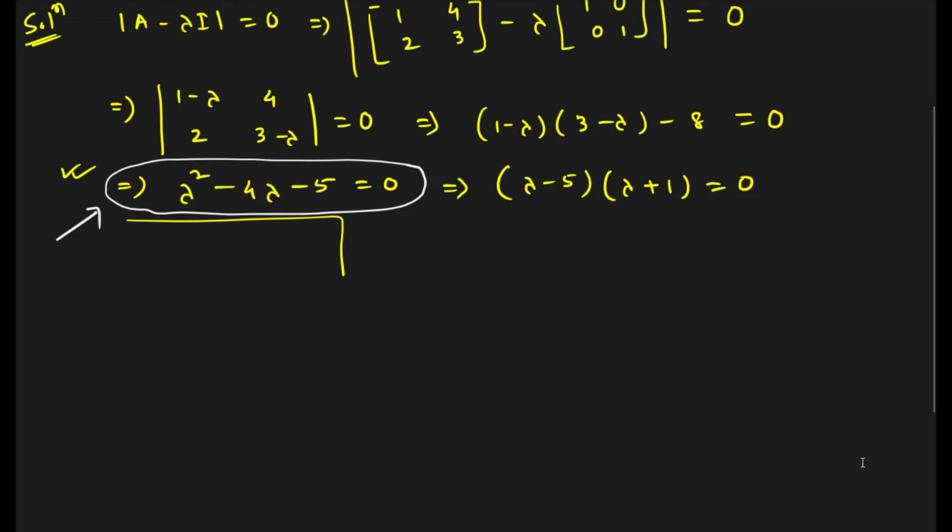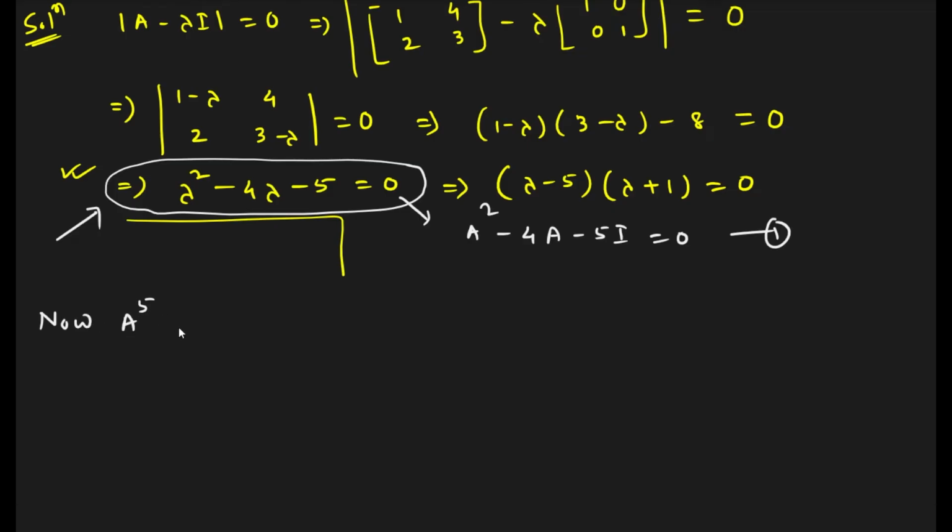Okay. Now for this particular equation, we have already proved this: A square minus 4A minus 5I equals to 0. So let it be equation number 1. So we already have this one. Now what is the expression?